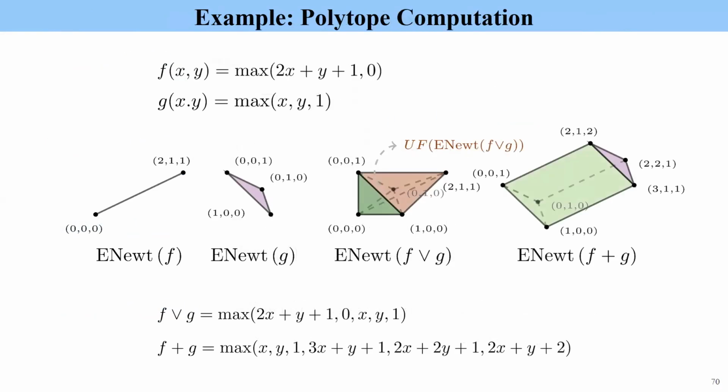And here you see a few geometric examples. You see two functions, f and g, of two variables, and their extended Newton polytopes on the left. On the right, the two examples, respectively, the Newton polytope of their max, like a pyramid, and then the Newton polytope of their sum.